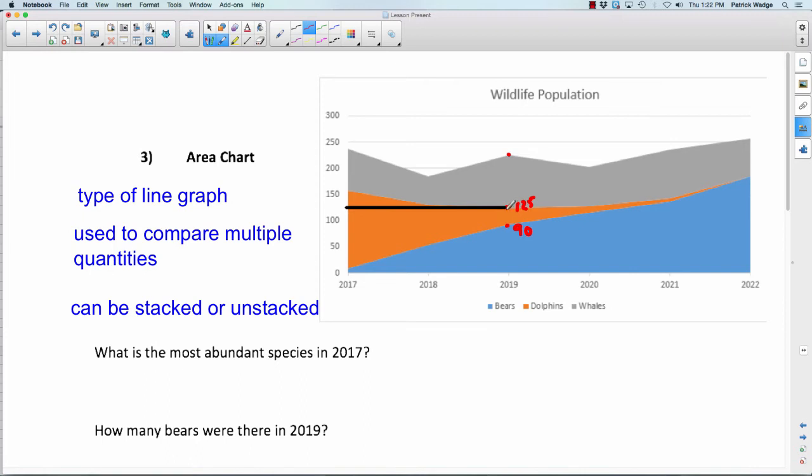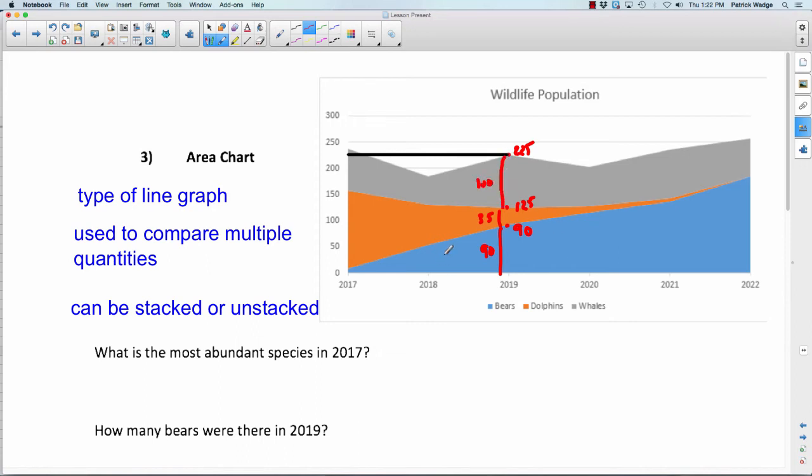So how many do you need to add to 90 to get 125? You need to add 35. So there would be 90 of the bears, 35 of the dolphins, and then to get the whales, you'd go up to the top. We said that was, I believe, 225. What do you have to add on to the 125 to get 225? You have to add on 100. So there'd be 100 whales.